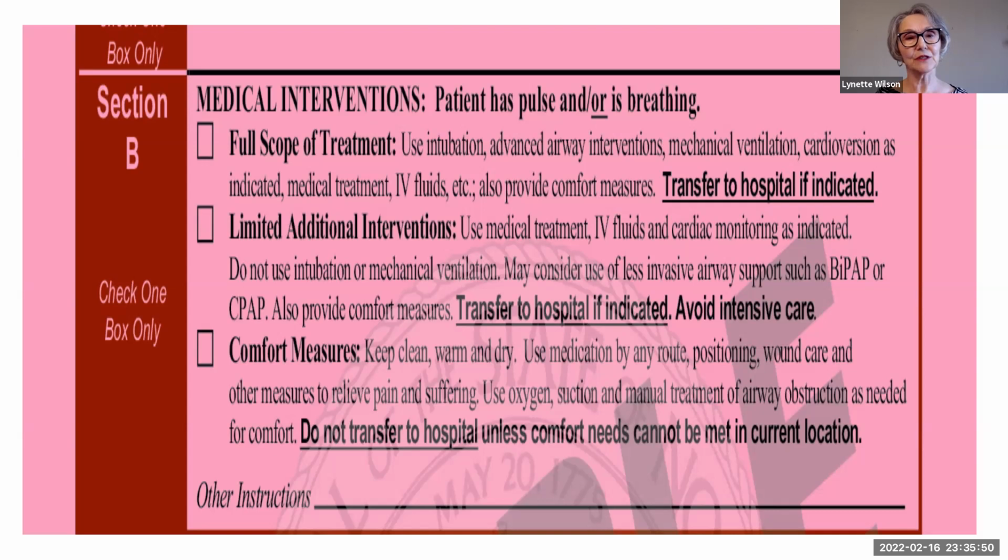And many of us are accustomed to CPAPs and BiPAPs because those are the machines used at home for sleep apnea. Suctioning, transfer to the hospital, but maybe not into the intensive care unit. And this, again, might be the kind of treatment that one would have if they had pneumonia, and it was expected that the pneumonia could be cured with antibiotics and with some support for a period of time.